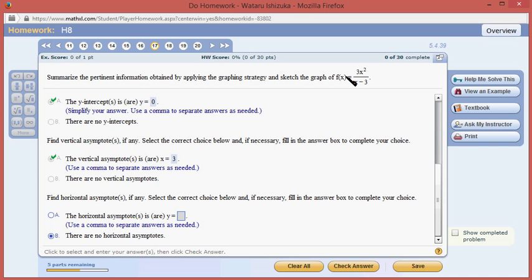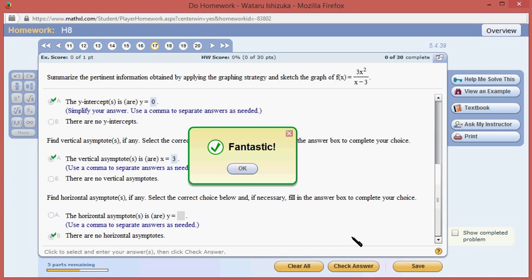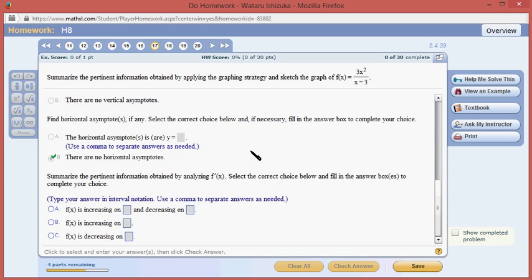If they have the same powers on top and bottom, then y equals the leading coefficient on top over the leading coefficient on the bottom gives you the horizontal asymptote. If the bottom has a higher power, y equals 0 is the horizontal asymptote. But in this case, the top has a higher power, so there is no horizontal asymptote. Let's check the answer. We got that.